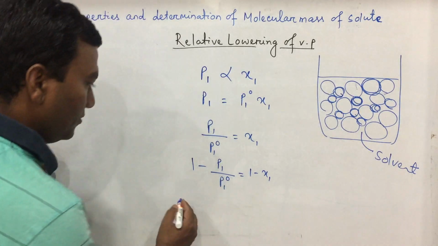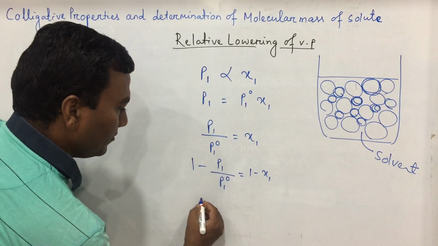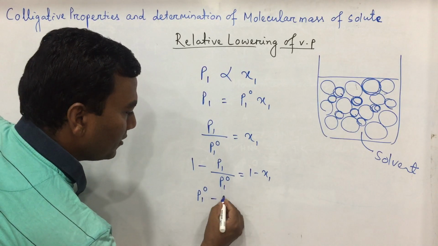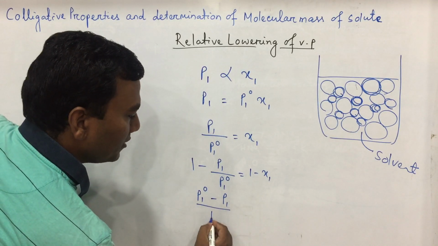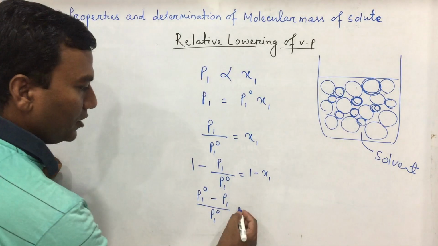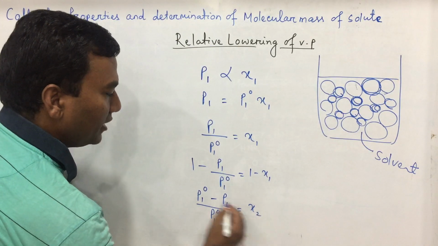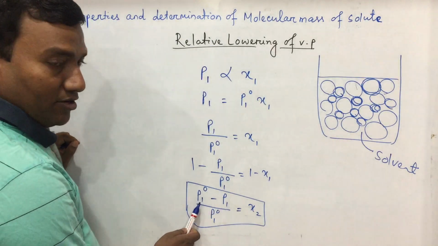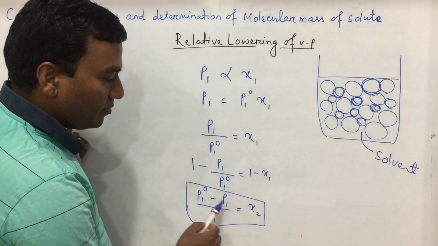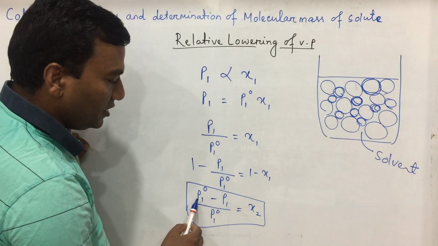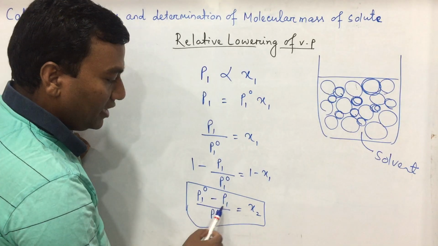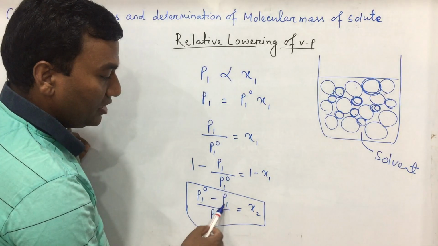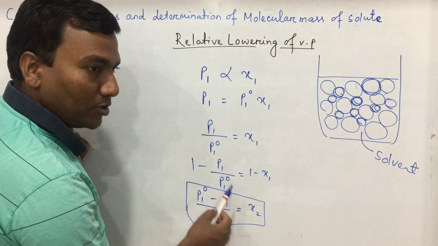If we take the LCM, then it will be (P1 naught minus P1) by P1 naught equals X2. P1 naught is greater, so P1 naught minus P1 is called the decrease, the lowering in vapor pressure.